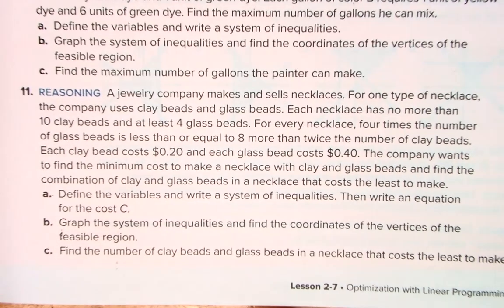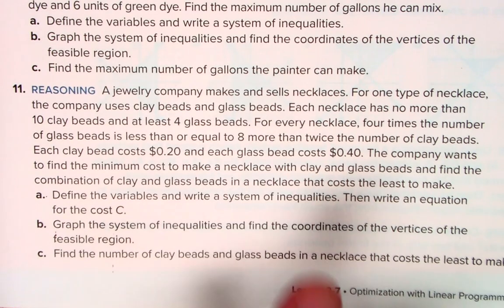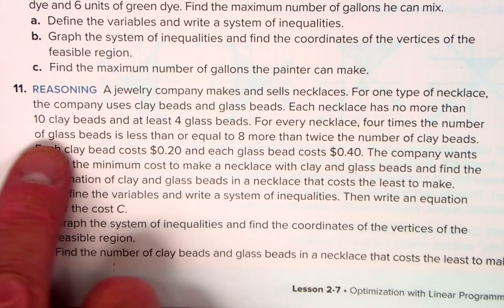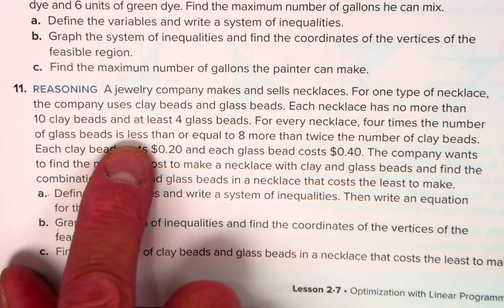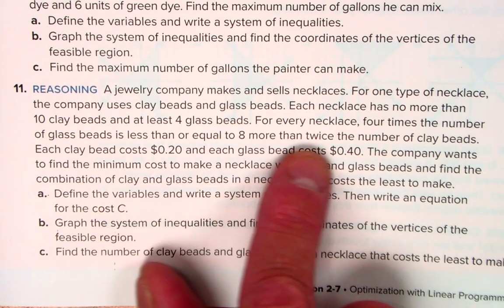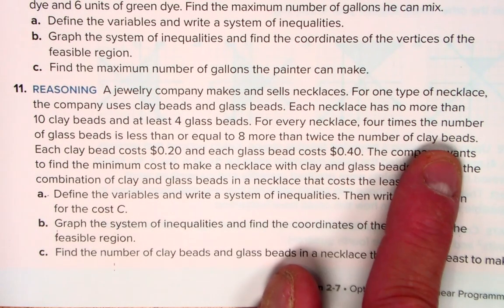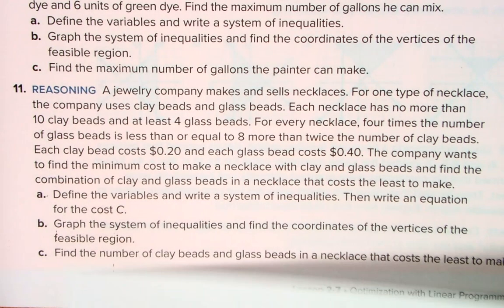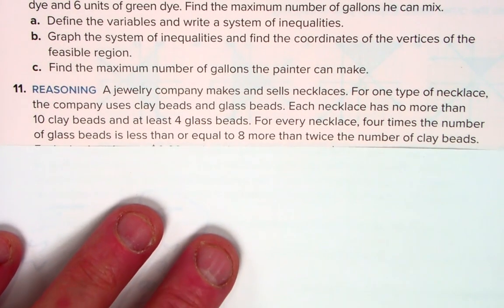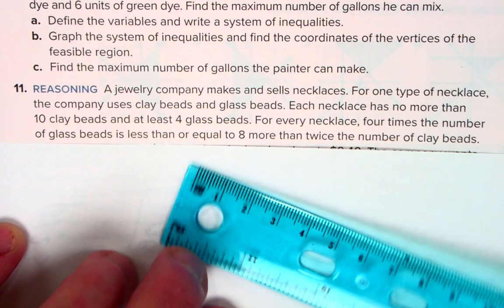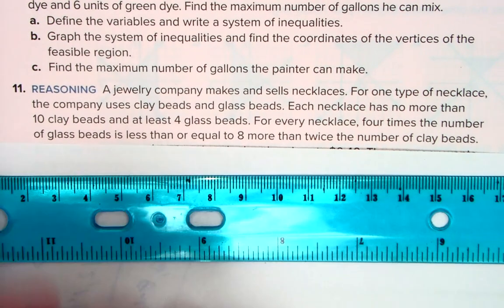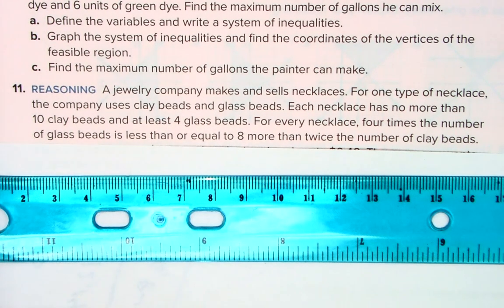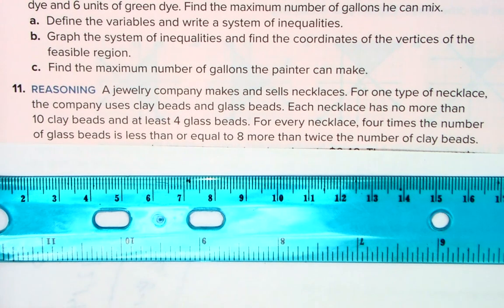For the next one, it says for every necklace, 4 times the number of glass beads is less than or equal to 8 more than twice the number of clay beads. So write an equation for that next statement. Personally, I think this kind of invalidates this as a realistic problem.